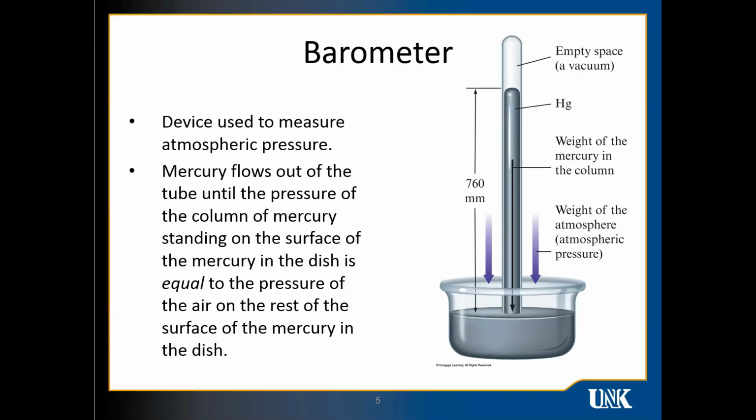When the gravitational force trying to bring mercury down the tube equalizes the atmospheric pressure, which is trying to push the mercury up the tube, you'll get a measure of the atmospheric pressure. One standard atmosphere is 760 millimeters of mercury, the height of the mercury in the column.